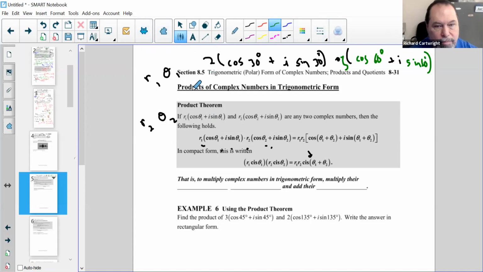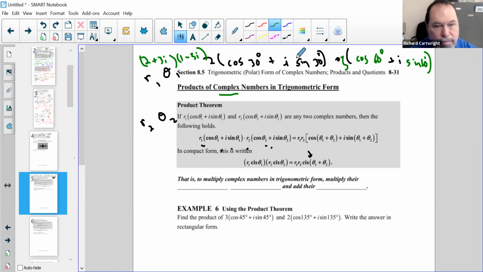He just says the product of complex numbers. You could have done this problem like this. I don't know what the answer is without doing the work, but you could have something like 2 plus 3i times 1 minus 5i, and you would FOIL it and all that stuff.